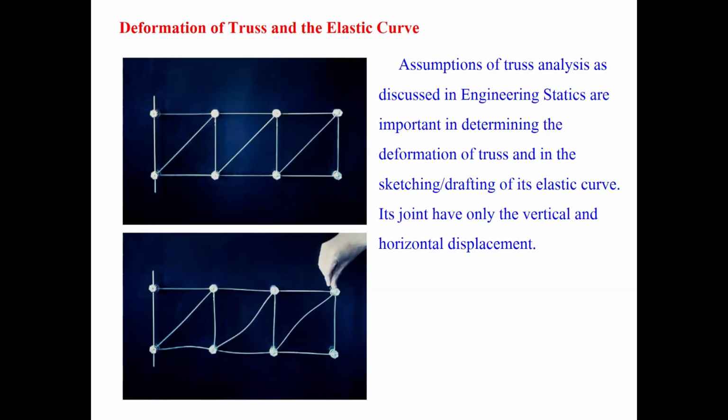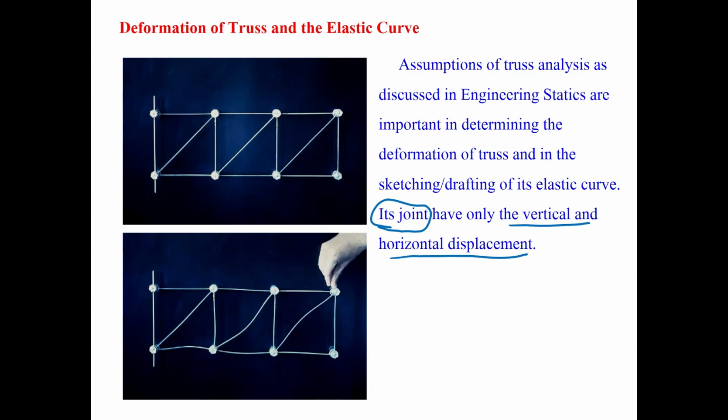The truss is going to be easier. When it's subjected to force, the truss will have deformation, and the deformation occurs at the joints. For the truss, you have only vertical and horizontal displacement.